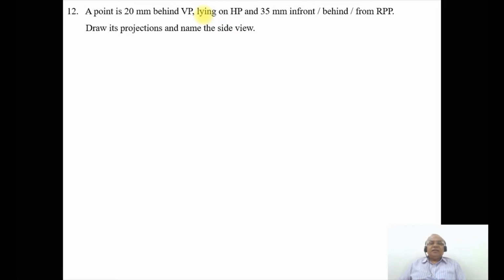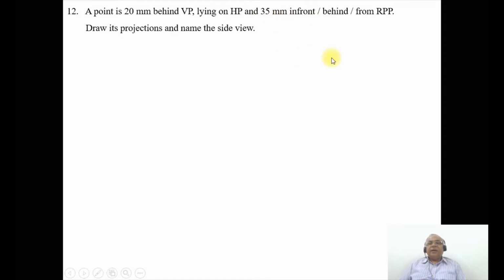But the condition given here is lying on HP. Since it is lying on HP, either it can be in the second quadrant or it can be in the third quadrant. In such a case, we have to observe the condition of behind VP. Behind VP will be there in the second as well as in the third quadrant.